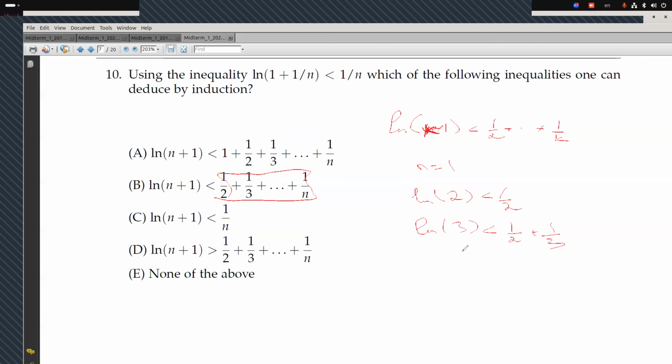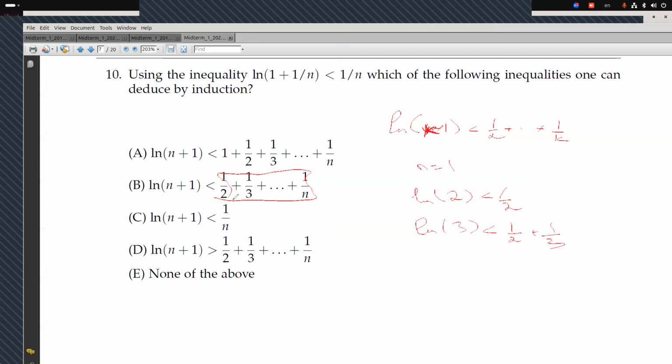Yes, in part B, it starts from 2. Here we have n minus 1 terms, right? We are starting from 1/2 and ending at 1 over n. It is not like here plus 1 over n plus 1. Here just 1 over n. And this inequality we cannot prove because it is not correct even when n equals to 1 or n equals to 2.